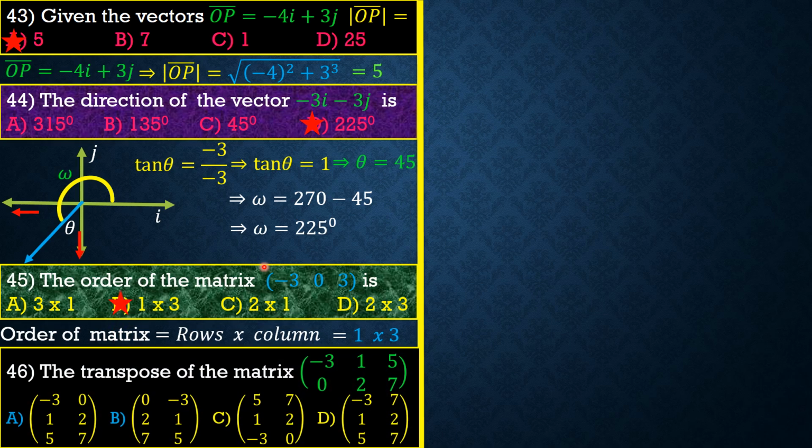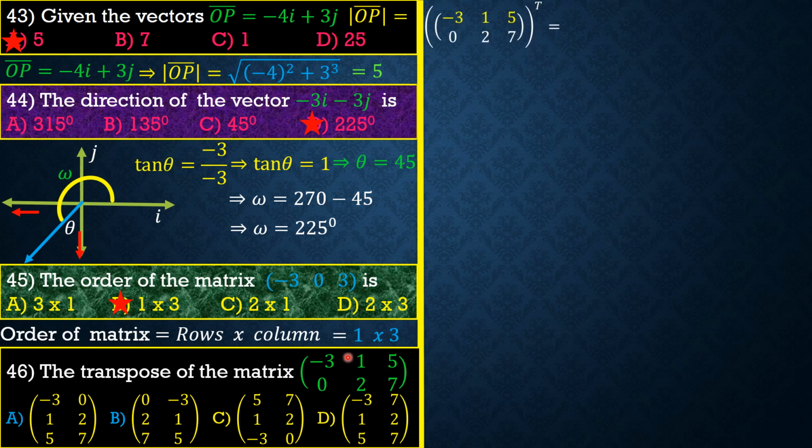Question 46 asks for the transpose of the matrix. So guys, the transpose of a matrix is simply gotten by interchanging the rows, putting them as columns, and the columns as rows. If we interchange, the first row becomes the first column.